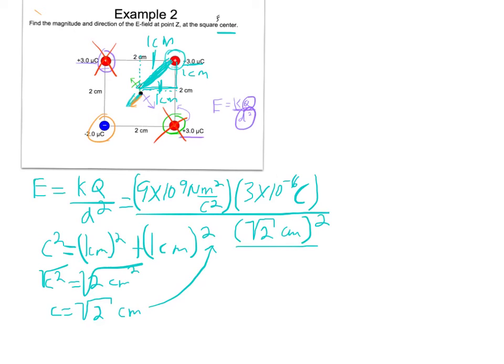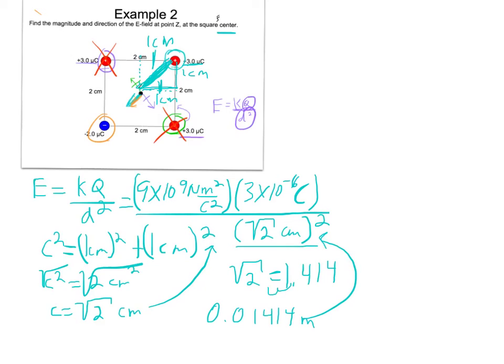If I grab my handy dandy calculator, it says the square root of 2 is about 1.414. So that's centimeters. Changing that into meters, moving two places to the left, I get 0.01414 meters, and I can put that back in as my distance.